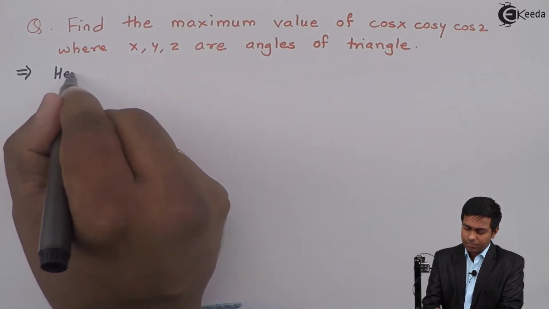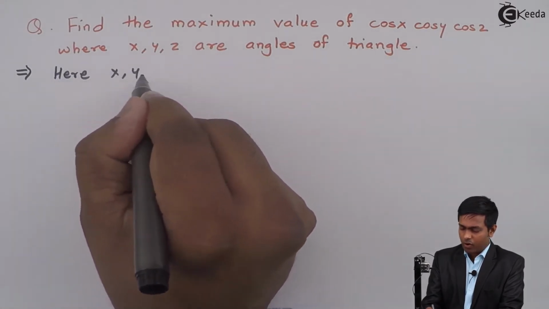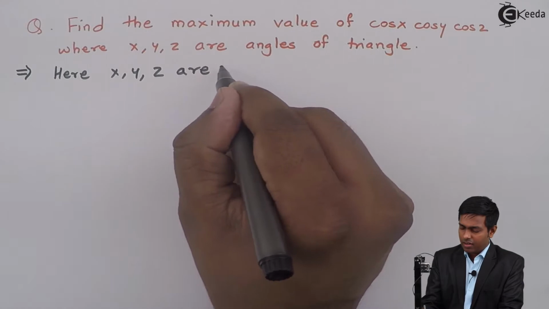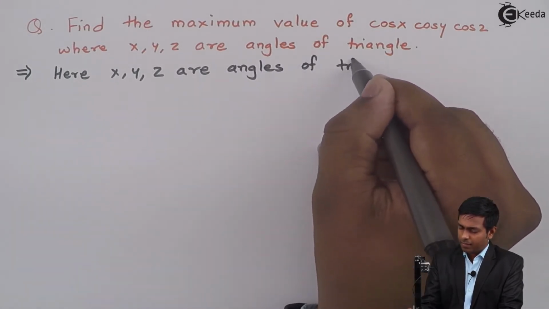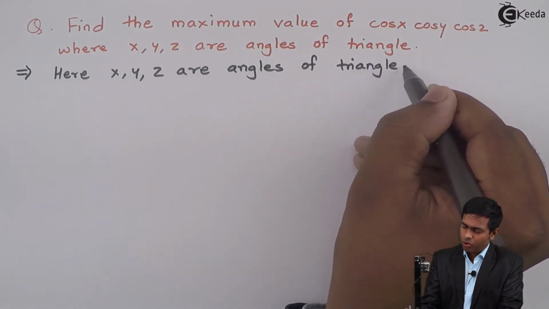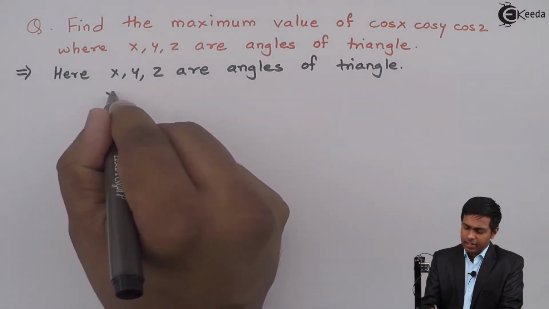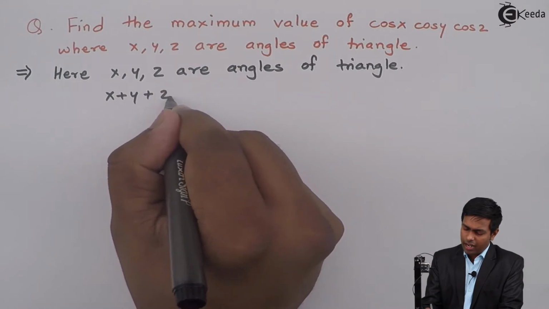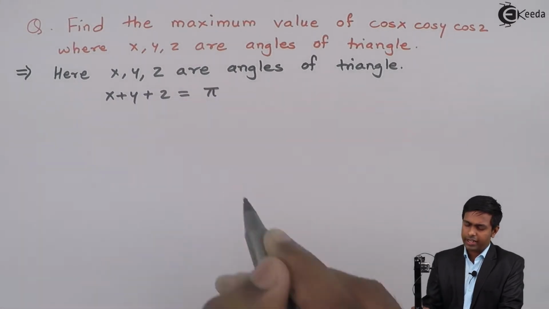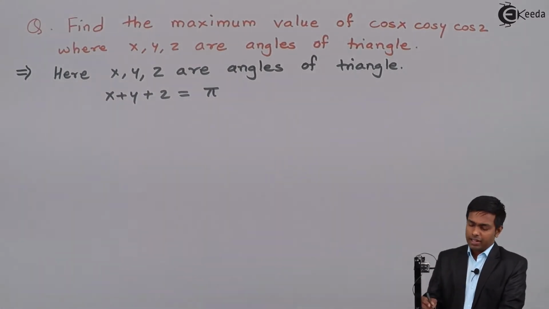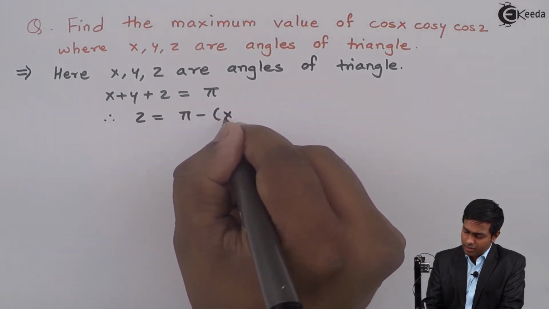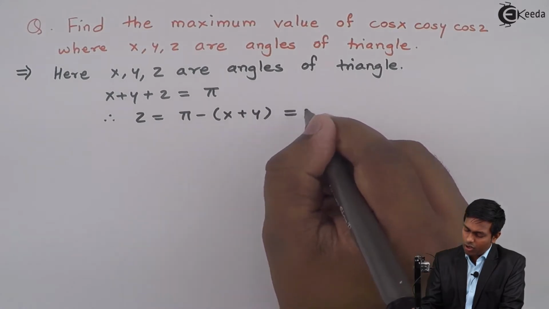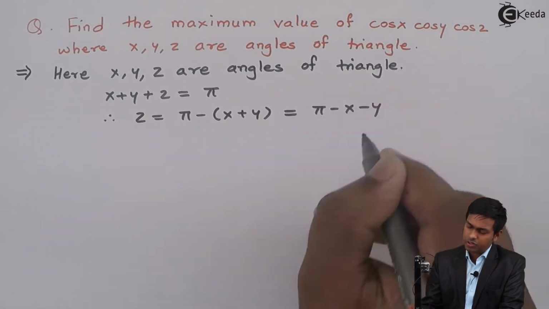So x, y, z are the angles of a triangle. We know that in any triangle the sum of all angles is equal to 180 degrees, or I can say it is pi, and therefore from here we can get the value of z as pi minus in bracket x plus y, or pi minus x minus y.